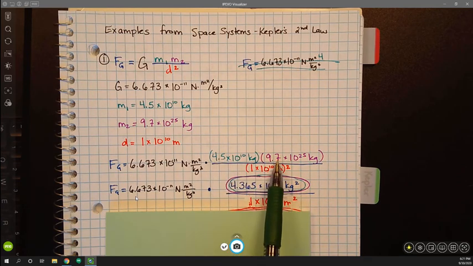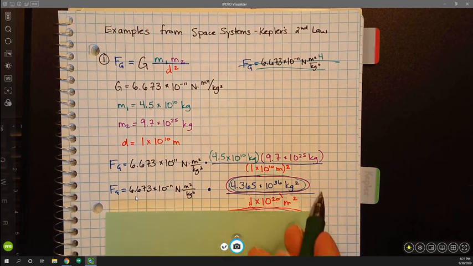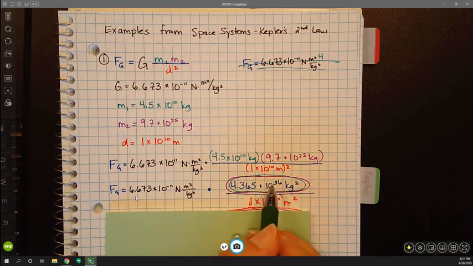4.5 times 9.7 will give you 43.65. Well, we're going to put this in scientific notation. So it would give you 43.65, and this was a question from class. That's why I'm going through it again. It would give you 43.65, and then for scientific notation here, it would be 10 to the 10th times 10 to the 25th.